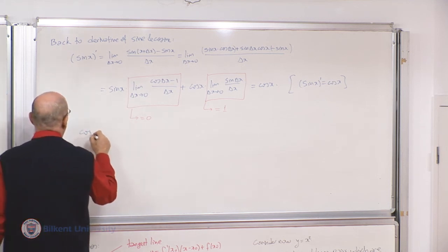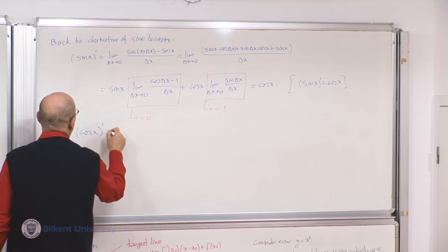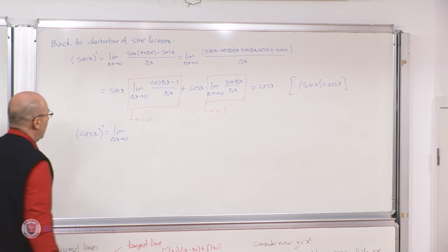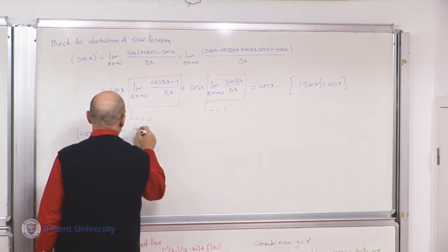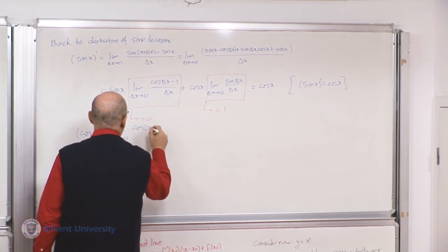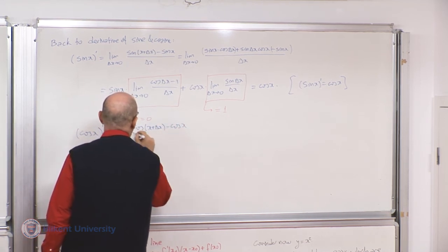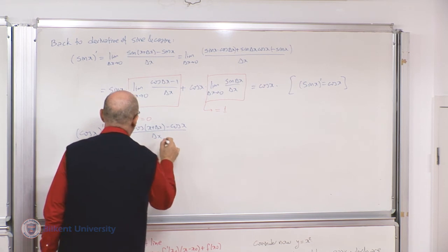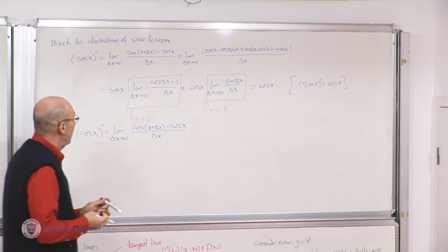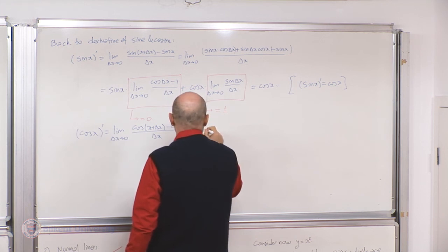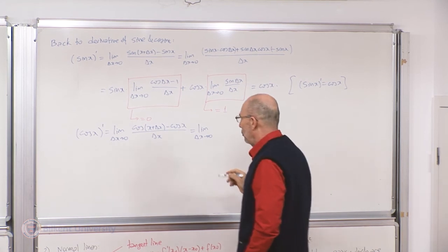Cosine x prime. We'll again use the usual definition: cosine of x plus delta x minus cosine x over delta x. Now we use addition formulas like we did here. This should work, but let's be careful not to make plus or minus errors.